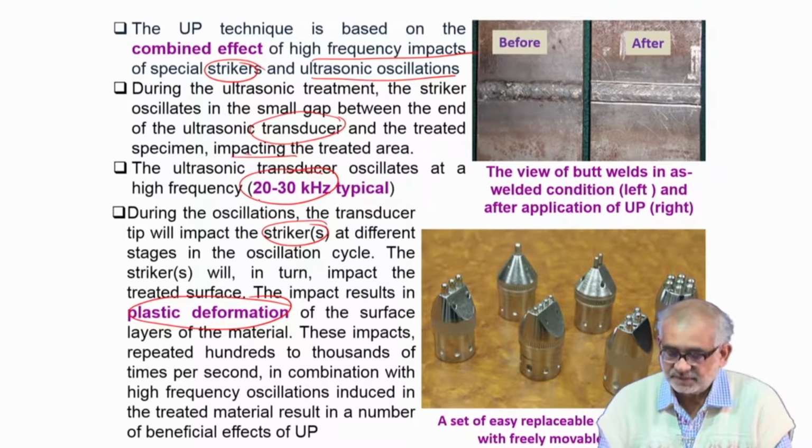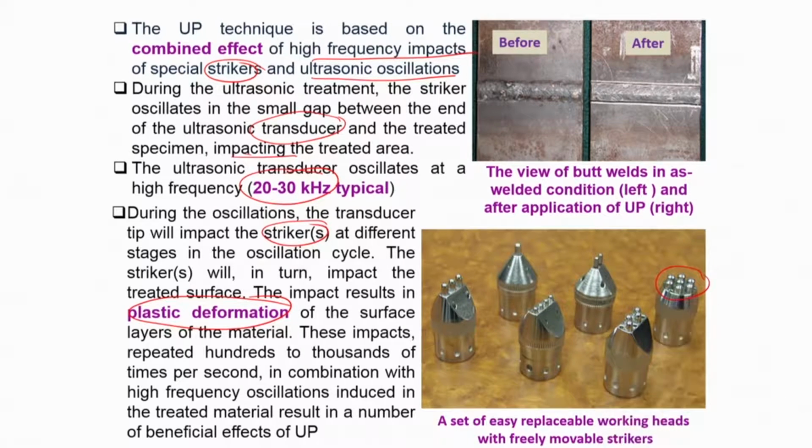the surface. So these are the various types of heads which are used, and these are replaceable. Whenever there is certain deformation of these heads, we can change them, and from the bottom we allow the ultrasonic waves to propel these strikers or striker heads to go and hit these welded joints.